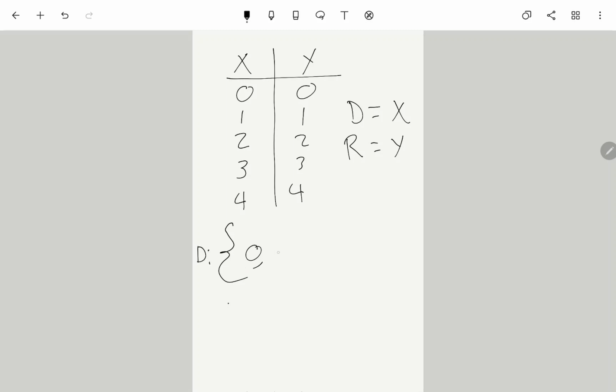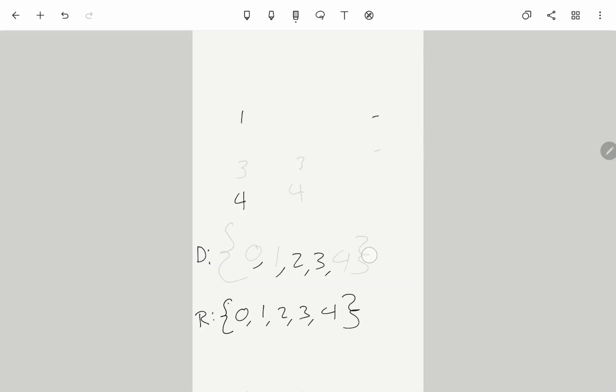So it's 0, 1, 2, 3, 4, and close the bracket. Then your range is the numbers in the y axis. So it's bracket 0, 1, 2, 3, and 4, and close the bracket. So that one is how to solve domain and range in a table.